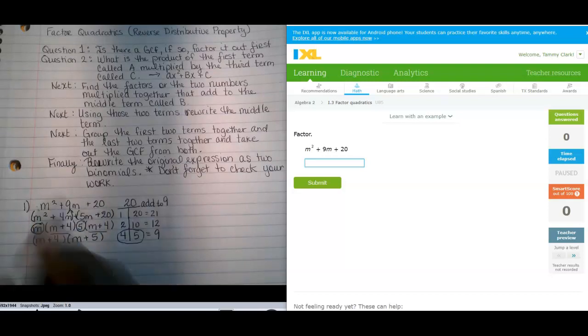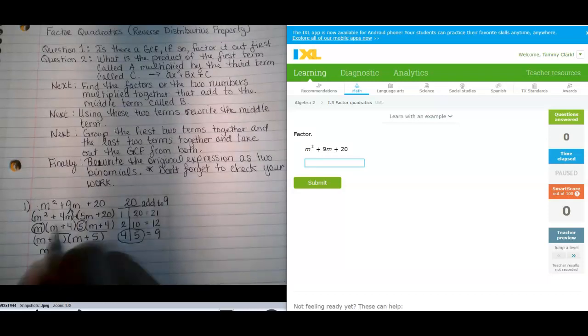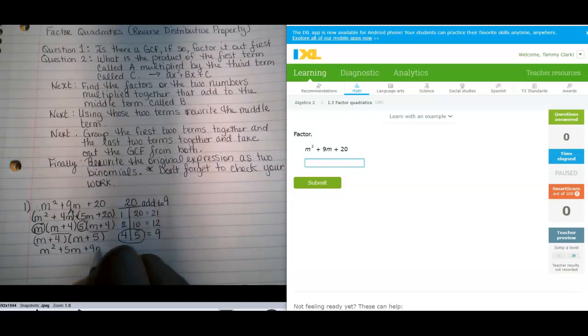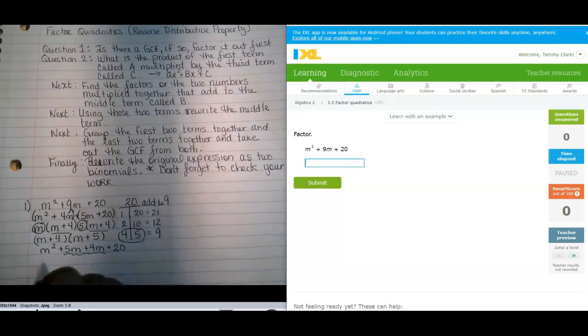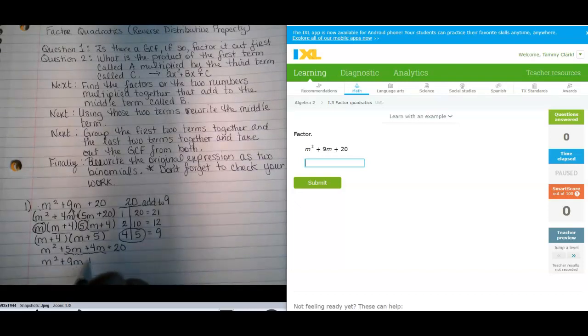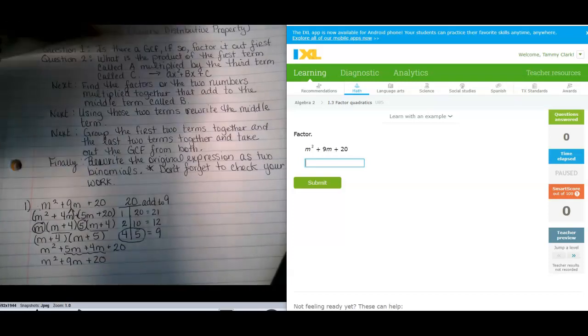M times m is m squared. M times 5 is 5m. 4 times m is 4m. And 4 times 5 is 20. Combine like terms, and I have m squared plus 9m plus 20. So I do believe my answer is right. So I'm just going to put my answer in here.